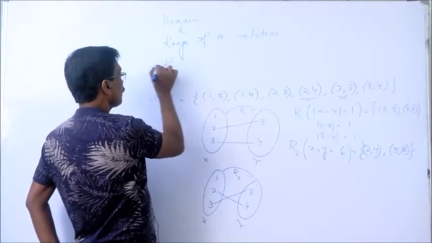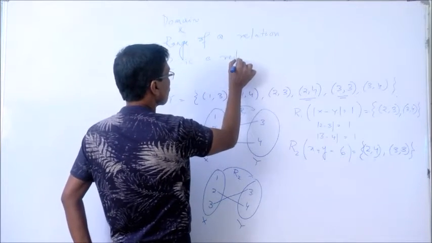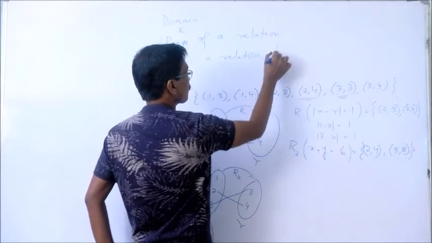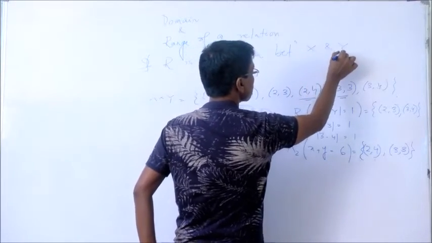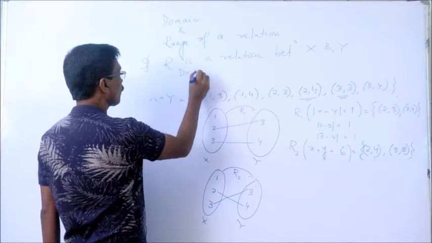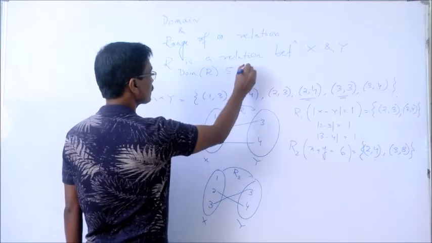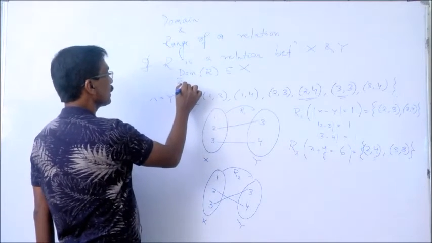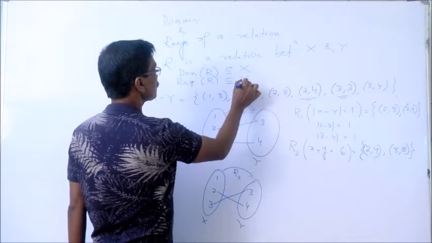If R is a relation between X and Y, then the domain of R is a subset of or equal to X set, and the range of R is a subset of or equal to Y set.